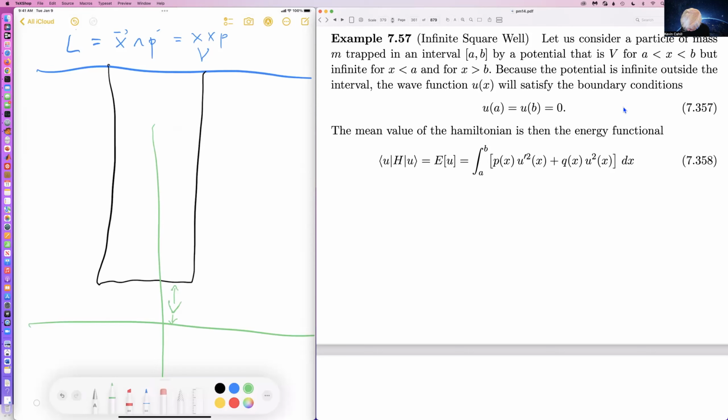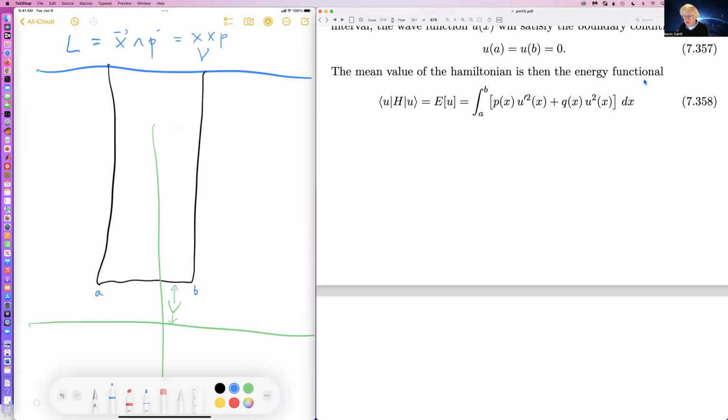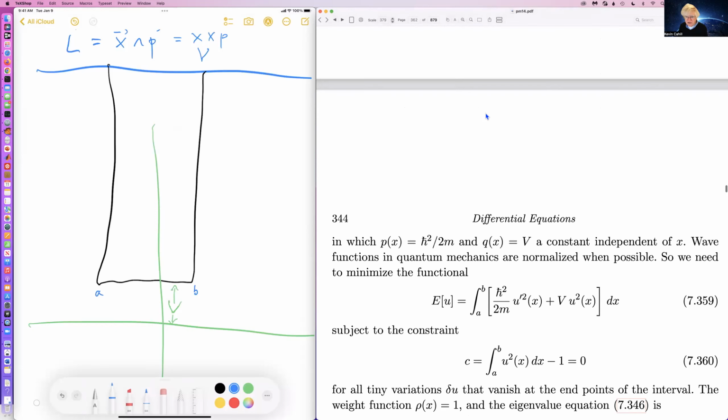So if we have here, let me switch to, let us say, blue, we have here A and B. A is negative in this case. And the potential is infinite for x less than A or greater than B. And the mean value or average value of the Hamiltonian is this energy functional integrated effectively from A to B, because we're going to have the function vanish outside that region.